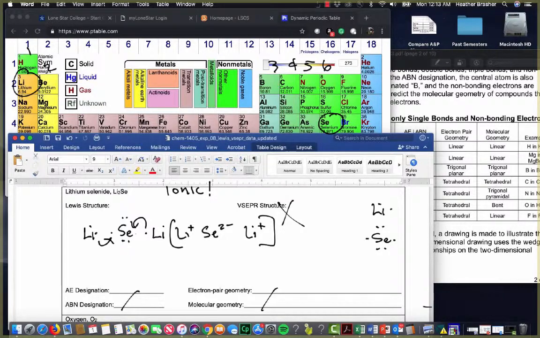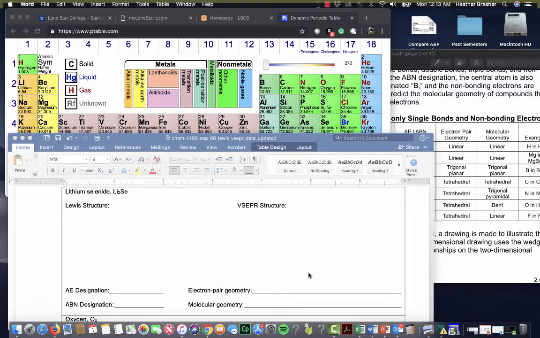And so I just wanted to throw another one of those in there so that you know when you're going through these that these guys are ionic and you won't have to do all these things, because they don't have a defined molecular shape due to the covalent bonds, which is what VSEPR is showing us.